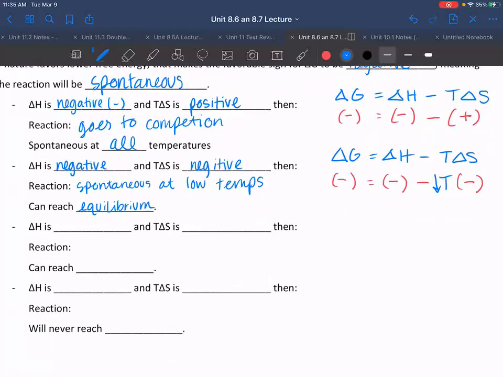Okay, next scenario, we have a positive delta H and we have a positive delta S, T delta S. And so the reaction is going to now be spontaneous at high temperatures, and can also reach equilibrium.